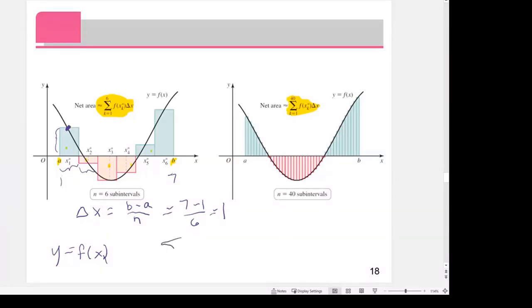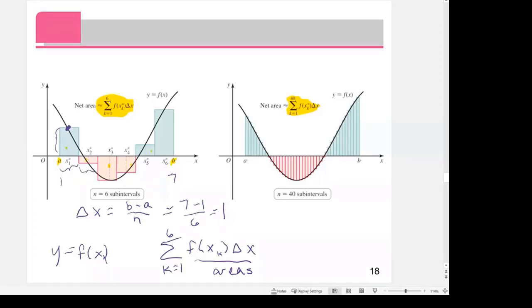When we sum these, we go from k equals 1 to 6, and we would say this is f of x sub k times delta x. So this right here is adding all the areas of each one of these rectangles. And that's basically what we're doing, okay?